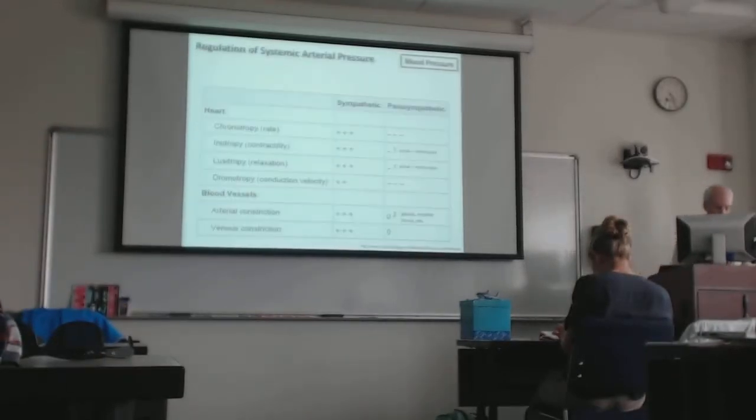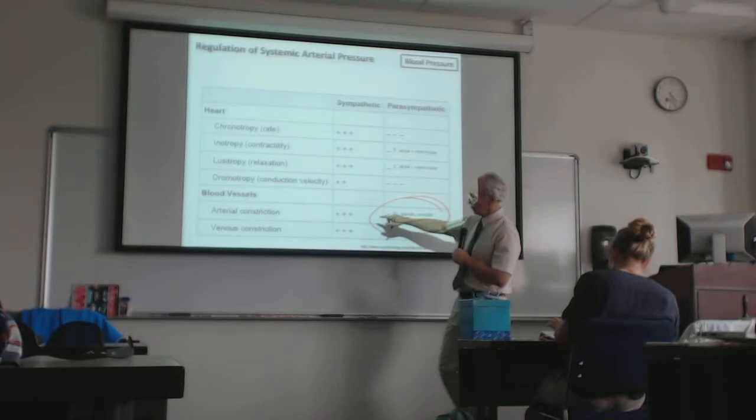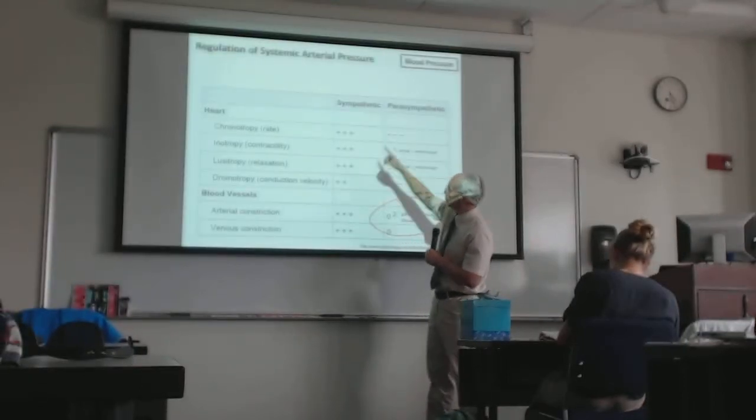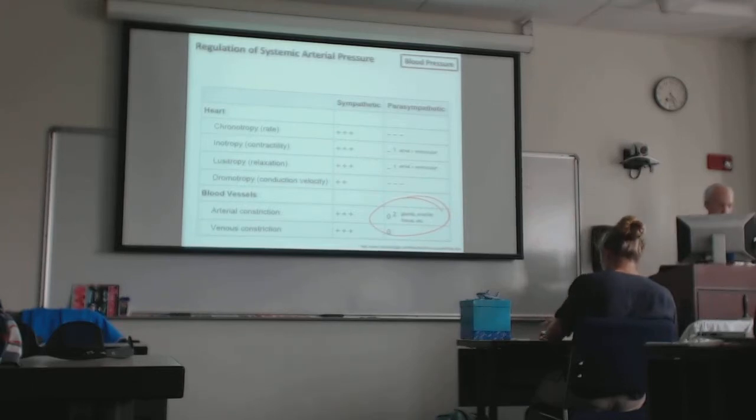I reposted these slides this morning. Hopefully everybody has this little table. I just wanted you to see this again. The point I was making earlier is that vasomotor tone is primarily determined by sympathetic factors. We've already talked about all of these.